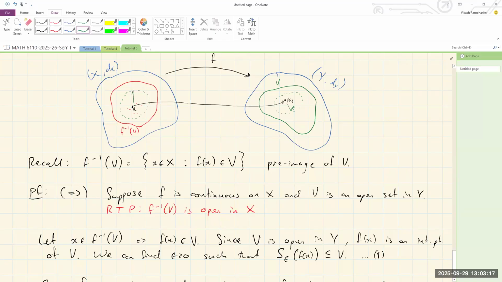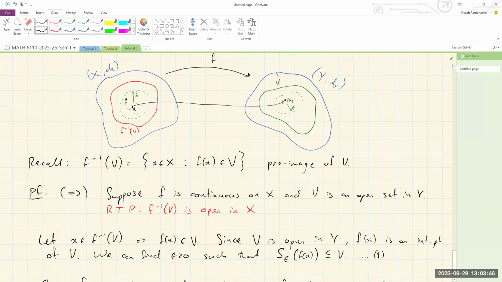So they're saying that this is delta. For that epsilon, there exists this delta, such that on the next point they're calling P, so let's say this point over here, this is the point P, whenever the distance between P and X is within delta, what happens? The corresponding image will be within epsilon.